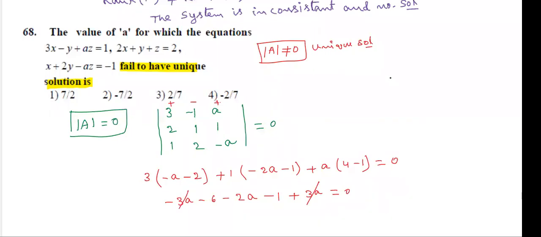Minus 6 minus 1 is minus 7, that is equal to 2A. Finally, what is the A value, students? Minus 7 by 2. This is the answer. Which option is correct? They are asking the value of A. So the correct answer is what? Second option.